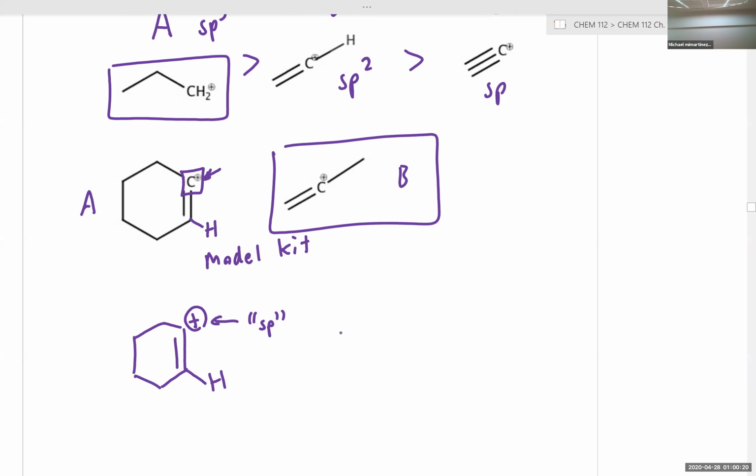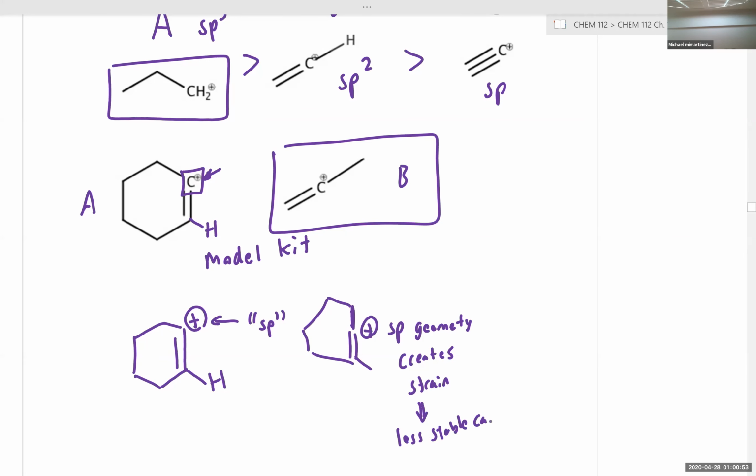But geometrically, if you try to get a true sp geometry, you will end up creating a pretty large amount of ring strain. So sp geometry creates strain, leading to a less stable carbocation.